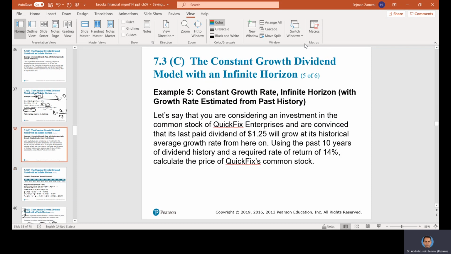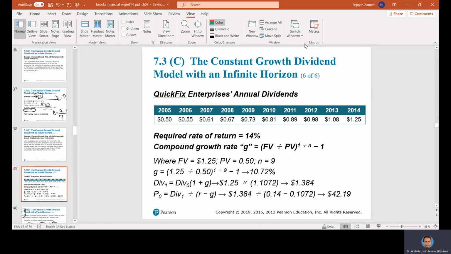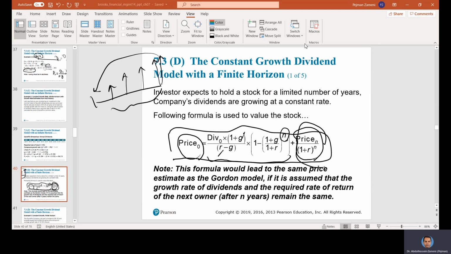There's also another example that you can just go through by yourself. Okay, the fourth model is the constant growth dividend model with a finite horizon. See here that there is a growth in our dividend, but for a fixed number of years, and after the fixed number of years, of course, we can sell the share.